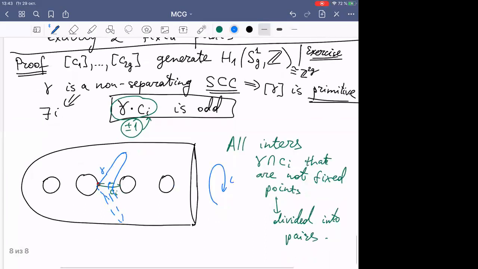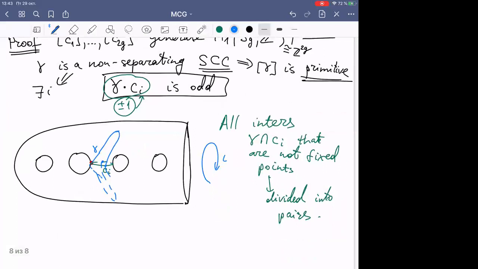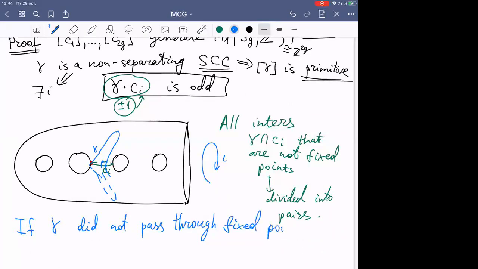So if gamma did not pass through fixed points, it would follow that all intersection indices are even.